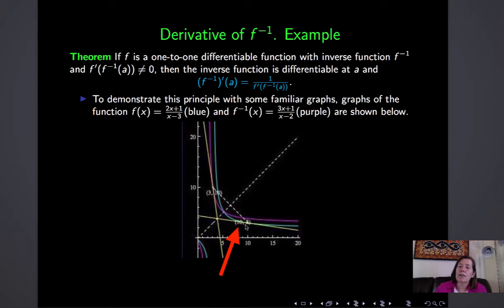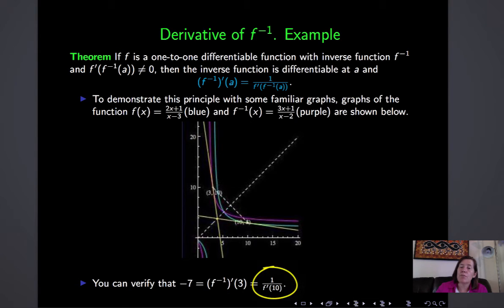You should check that f inverse prime of 3 is 1 over f prime of f inverse of 3, which is f prime of 10, by calculating the derivative of f from the formula and the derivative of f inverse from the formula. And you'll see f inverse prime of 3 is minus 7, but the slope of the tangent here at f prime of 10 is equal to negative 1 over 7. So it's the reciprocal.